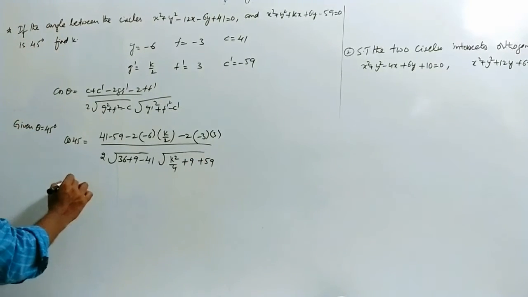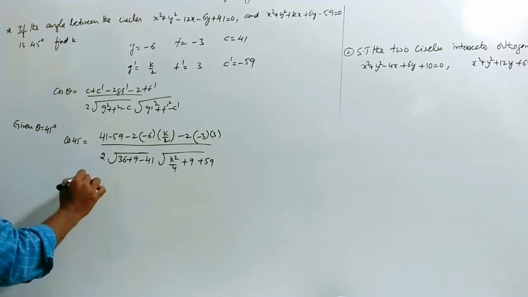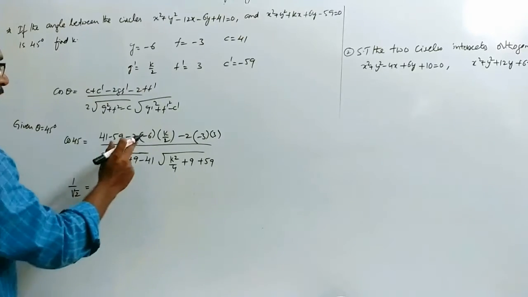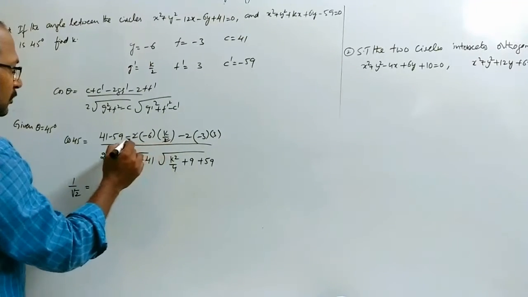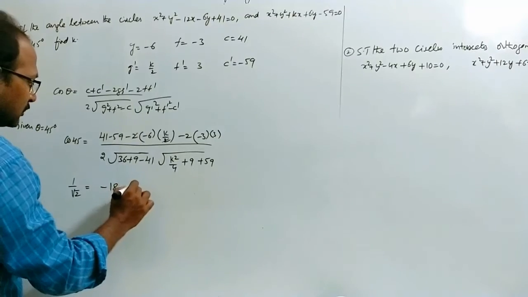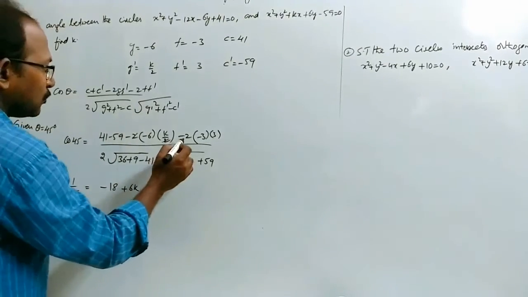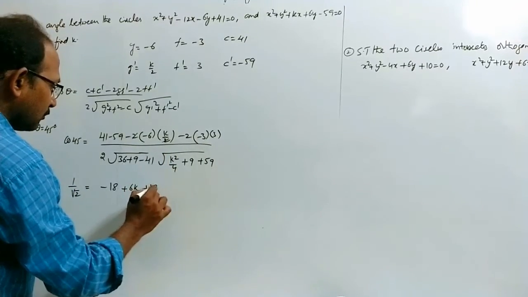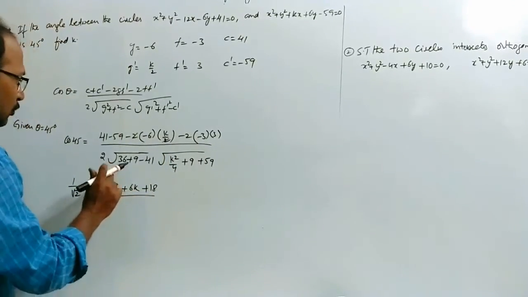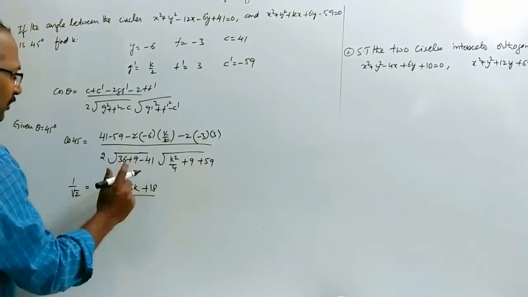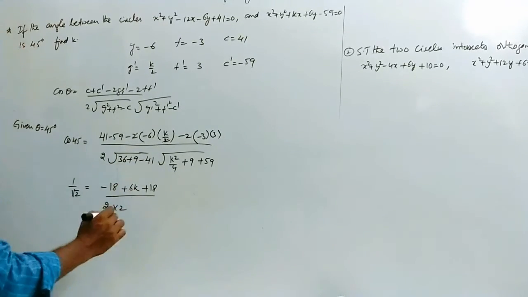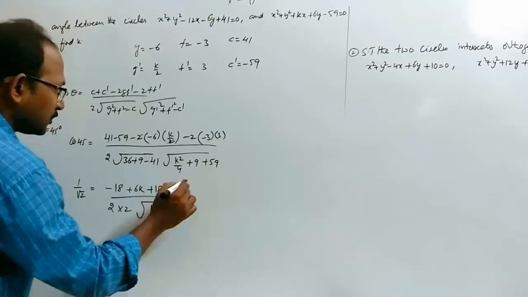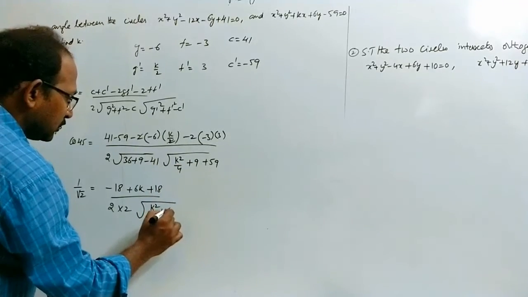Now cos 45 is 1 by root 2, therefore that is equal to here 41 minus 59 minus 18, here 2 gets cancelled, therefore plus 6k, here also minus 2 minus, plus 2 3s are 6, 6 3s are 18, plus 18, by 2 into here 45 minus 41, root 4, which is nothing but 2, into root of here k square by 4 plus 59 plus 9, 68.